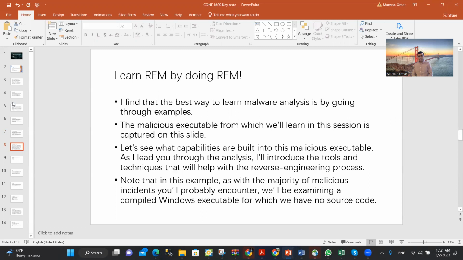Even before behavioral analysis, we can look at the automated sandbox capabilities of the malware. We can see what capabilities are built into malicious executables. And when we lead you through the analysis, we can introduce tools and techniques that will help you with reverse engineering malware.